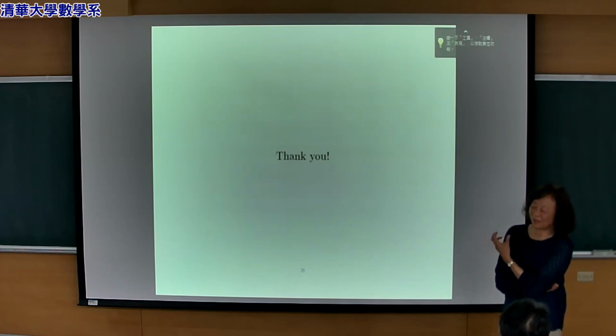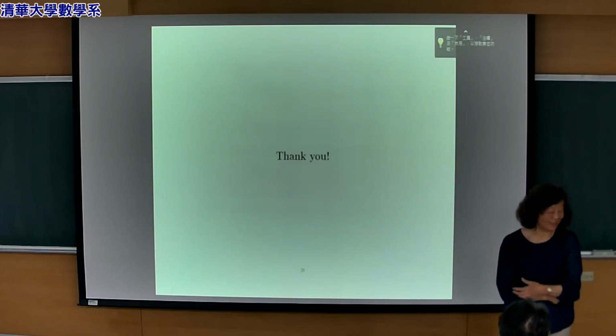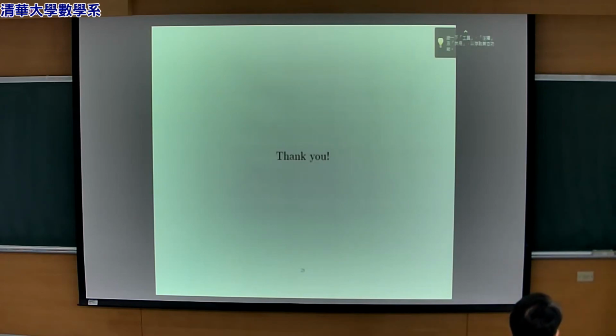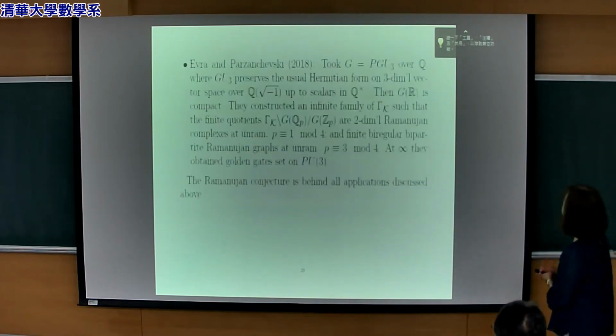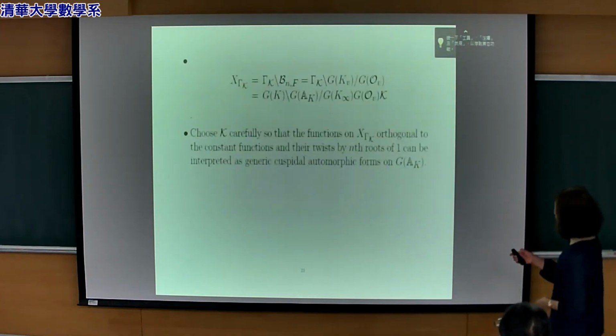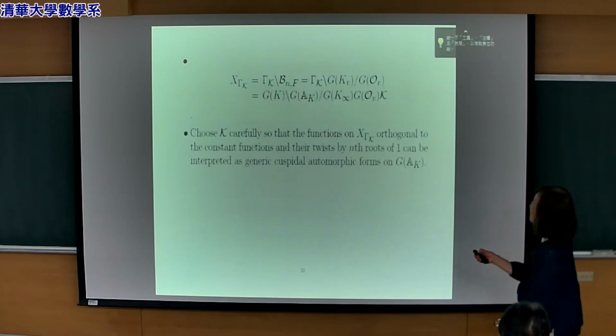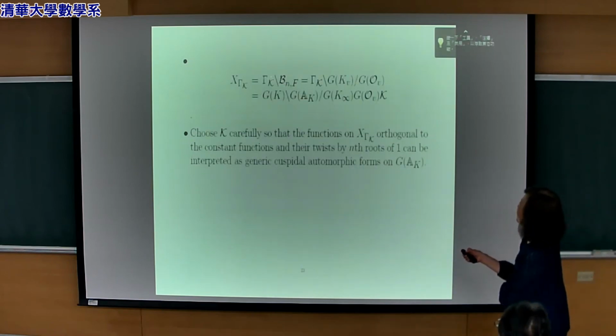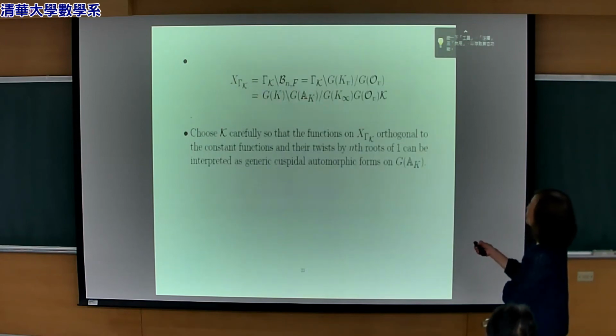Yeah. For those constructed using number theory, it is in this slide. Your quotient, the functions on the vertices of the quotient, can be interpreted as some automorphic functions of some group.